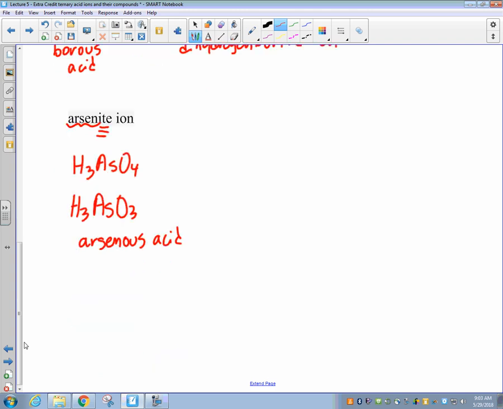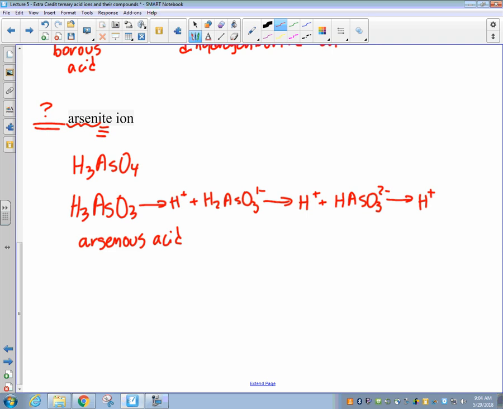So if this species now is arsenous acid, we can now dissociate it. It needs to be completely dissociated as we do not have any prefix hydrogen on this thing. So we're going to completely split this thing apart into H positive plus H2AsO3 1 negative, which then further splits apart to H positive and HAsO3 2 negative, which then further splits apart to H positive and AsO3 3 negative.